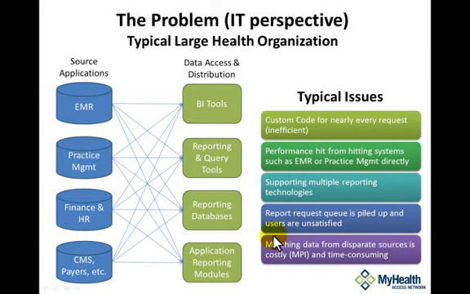And another huge problem that an IT department would face is that the patient data is represented in all these different systems. So you have a demographic record for a patient in the electronic medical record, and then you have another demographic record in the practice management system, and on and on.